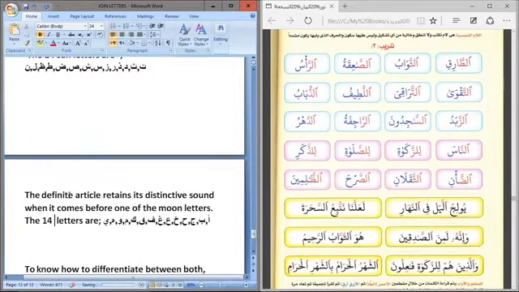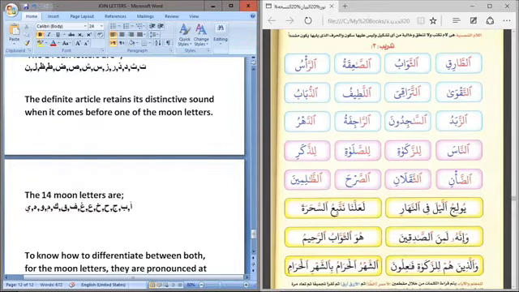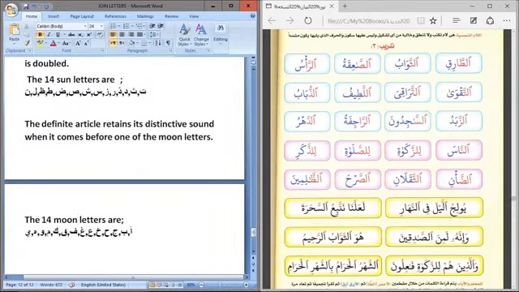So Ha is part of the moon letters, and in pronunciation we have to pronounce the lam. It will be Ash-Shahrul Haram. So the lam will be pronounced for the moon letters, and it won't be pronounced for the sun letters.